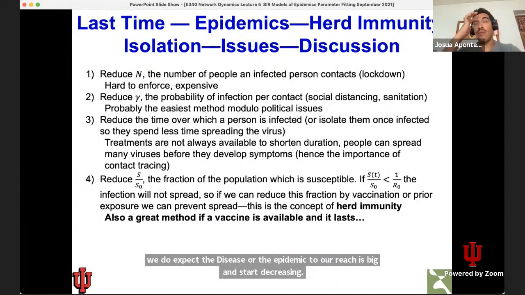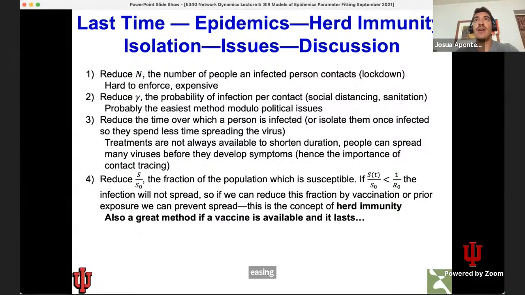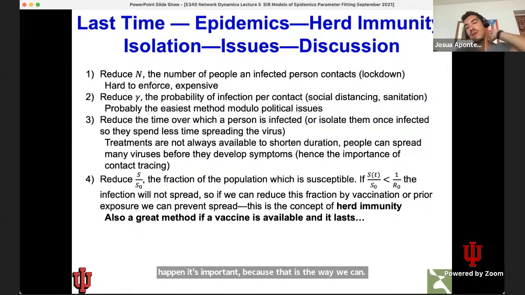And again, we did mention that this idea of identifying when the peak of an epidemic is going to happen is important, because that is the way we can estimate when and how badly it will be, in terms of the public resources, and that would allow us to make important decisions.